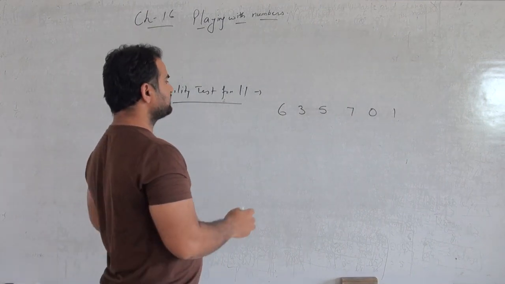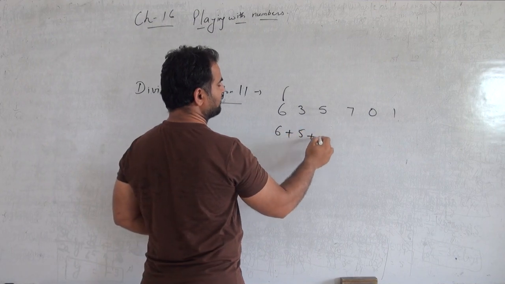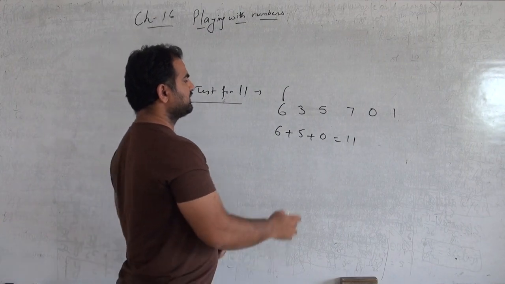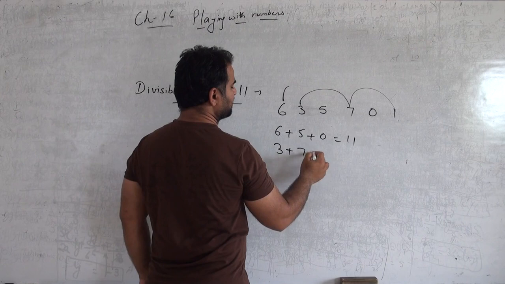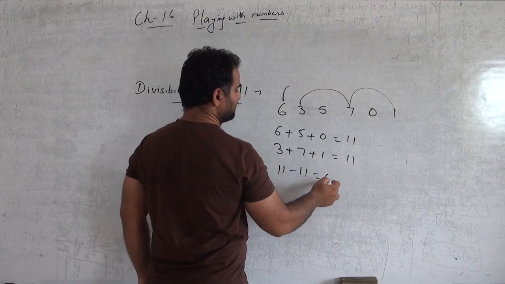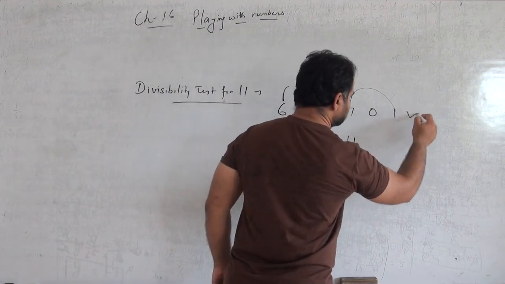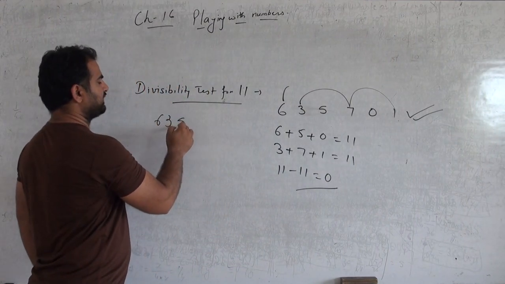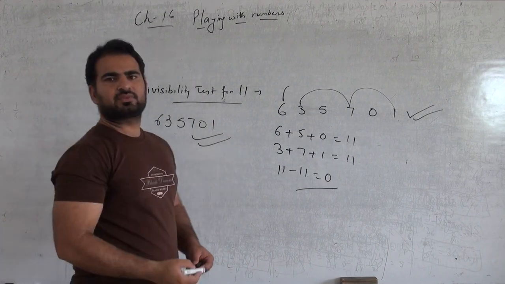So what we have to do? Just add alternate digits: 6 plus 5 plus 0 equals 11. And the next is 3 plus 7 plus 1, which equals 11. What is 11 minus 11? Equals 0. So is this number divisible by 11? Yes. The number 635701 is divisible by 11.